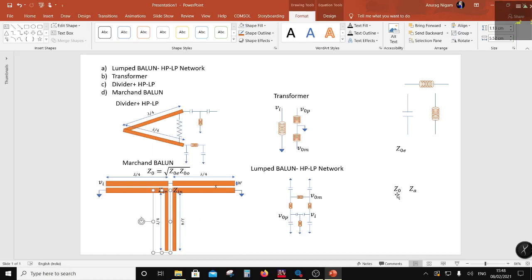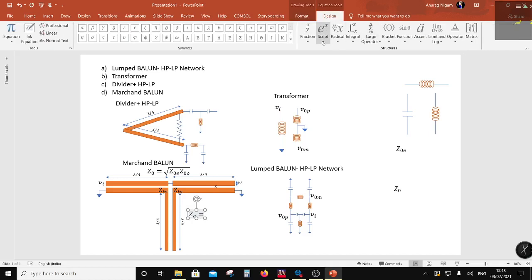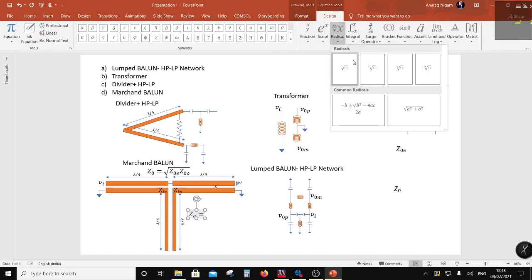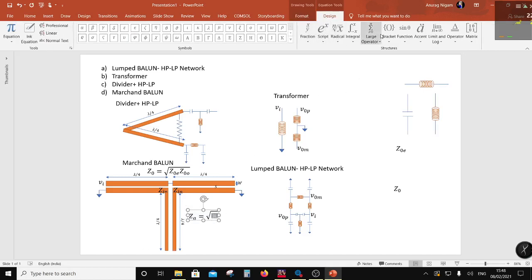So then you will have ZA, and this ZA would be equal to the square root of Zin times Z0. So ultimately you are trying to match to Z0, right?